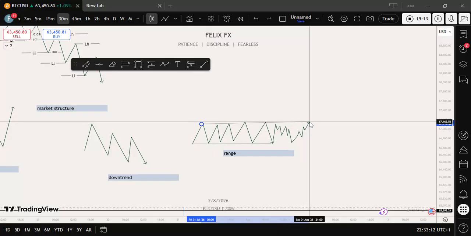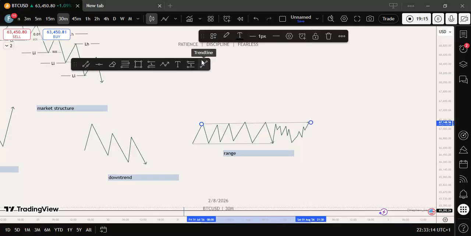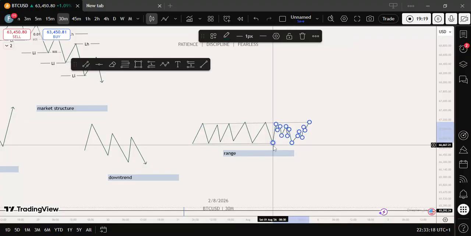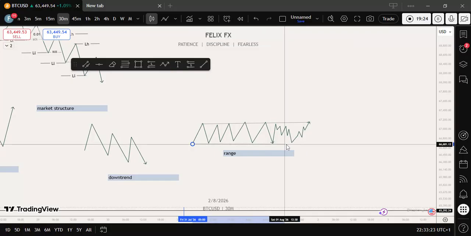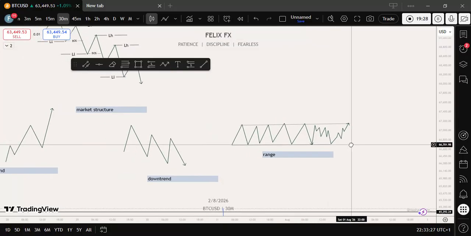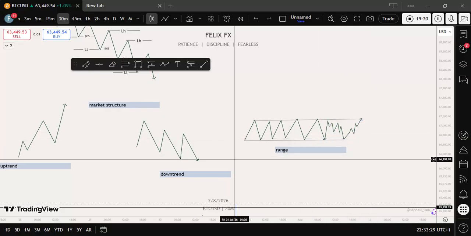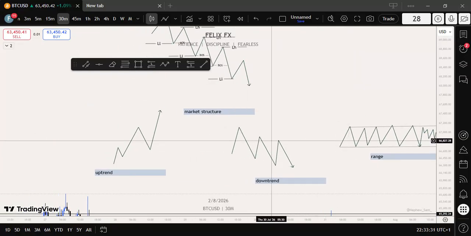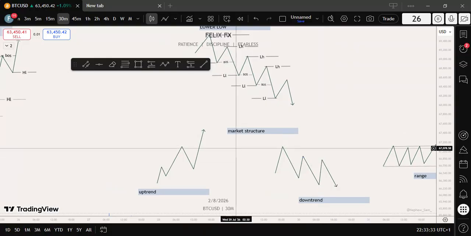So this is your sideways market. Call it your ranging market or your range market. Call this zone your range. So identifying a range is not that hard. I will explain again.